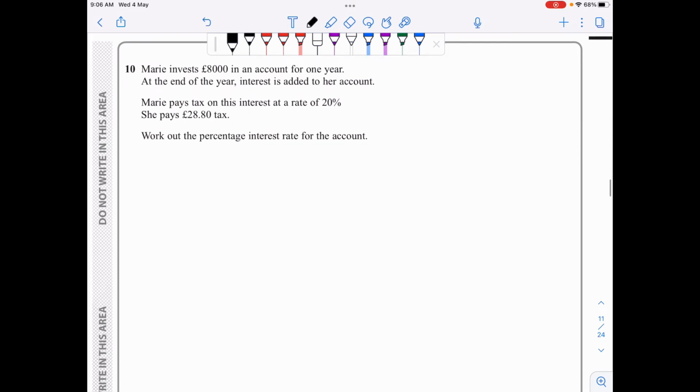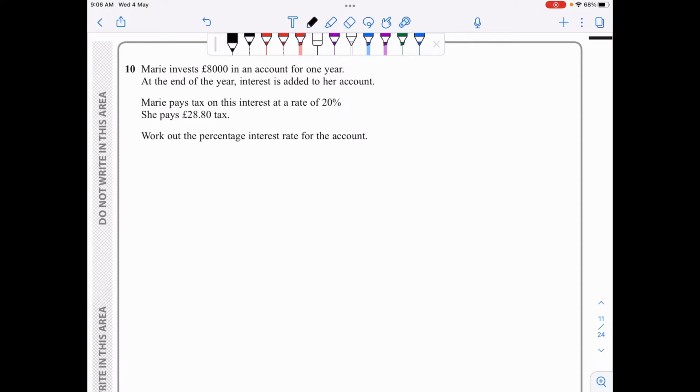Question 10, it's Marie, who is investing 8,000 in an account for a year. At the end of the year, we've got interest added. Marie pays tax on this interest at the rate of 20%, and she pays 28.80 in tax. What is the percentage interest rate for the account?